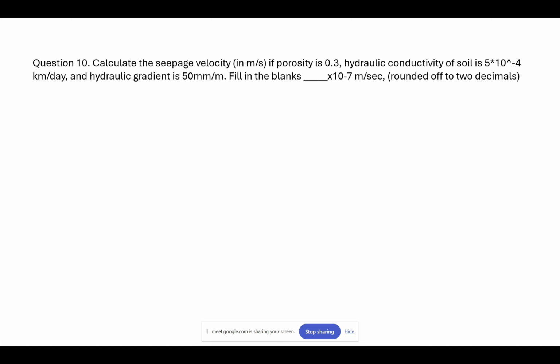So 192 is not the correct answer. Let's see. We have been given hydraulic conductivity and porosity with hydraulic gradient.